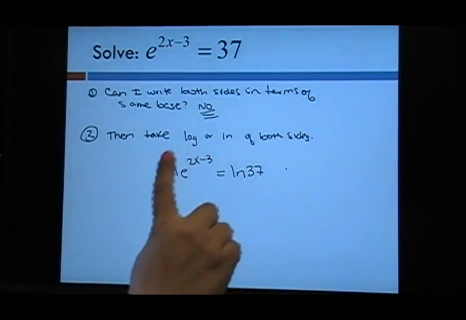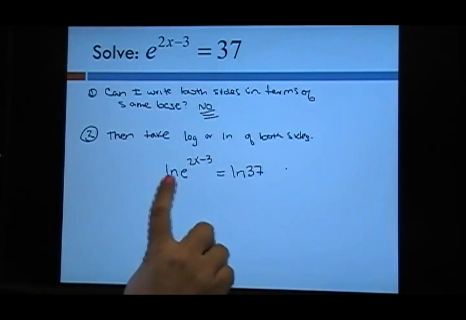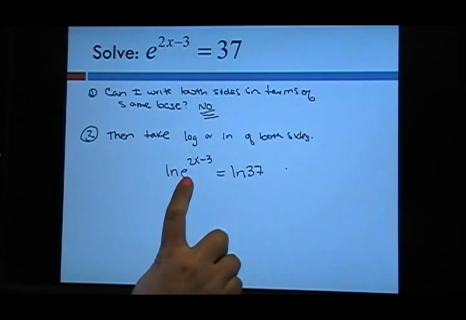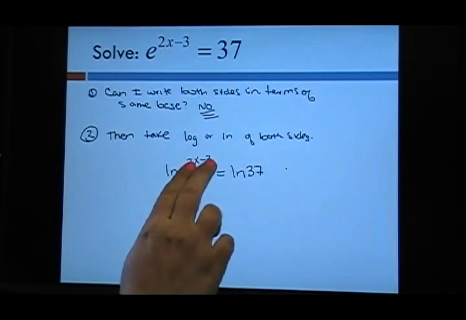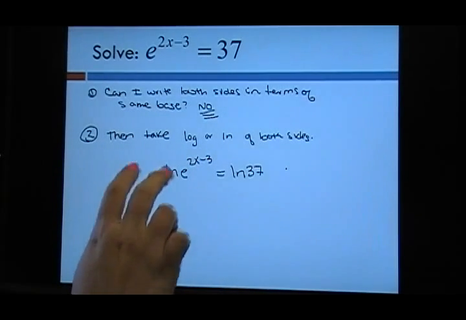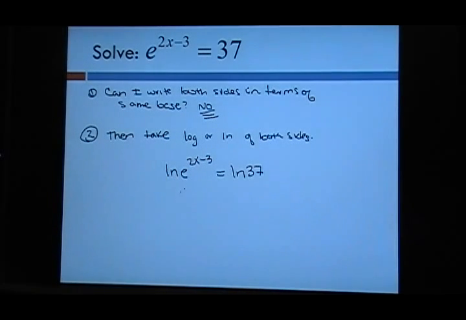Having the left-hand side written as a logarithm allows me to take this power and pull it down as a coefficient. So rewriting the left-hand side using the power rule, I have 2x minus 3 times the natural log of e equals the natural log of 37.